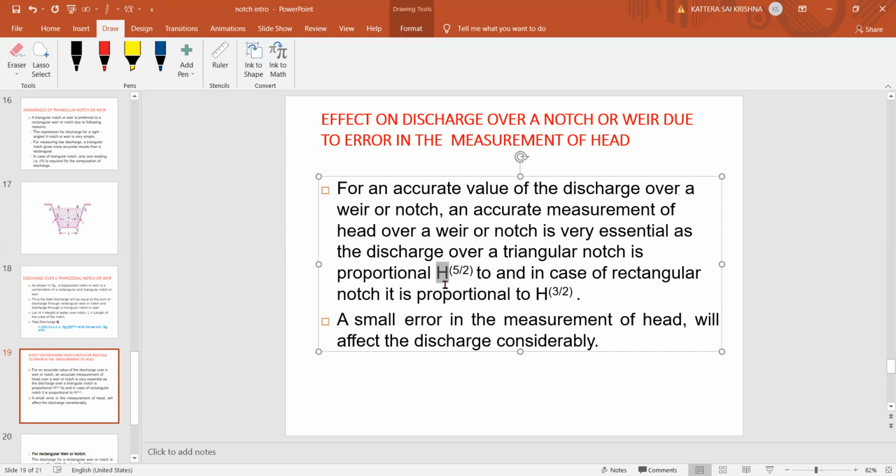If it is h square only, the 2 means 4 will be coming. If you take a small error there, more than the square value will create more difference. So definitely we need to take the h value accurately to get the discharge as accurately as possible.